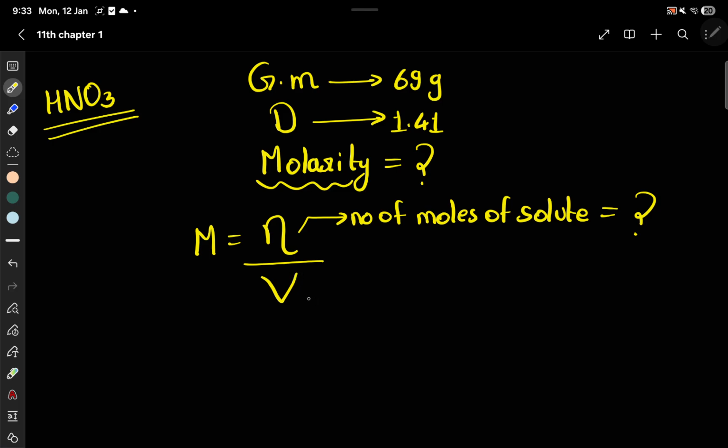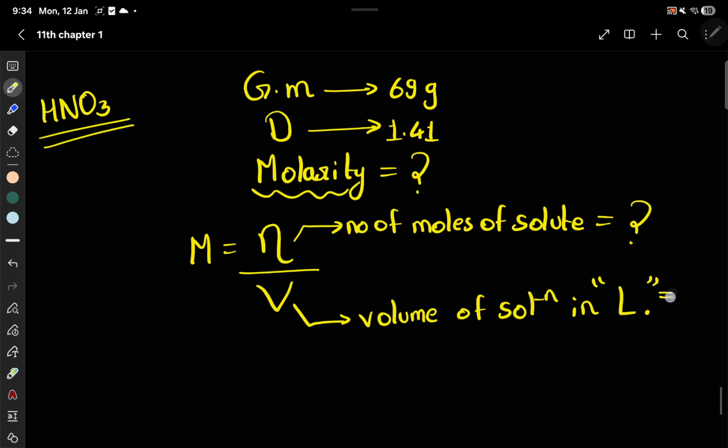In the denominator we have to put the value of volume of solution in liters. Students, do remember that most of the students make a mistake over here. They just write the volume in the denominator, but the volume should always be in liters. Okay, so these are the two parameters which we have to find, which are not given in the question.